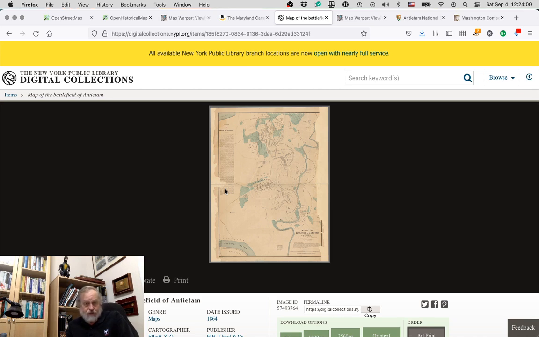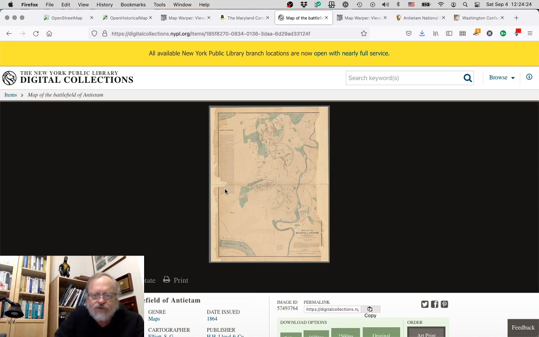That Gettysburg map had been known for quite some time. What was only recently discovered in the New York Public Library collection was that Elliott had done a comparable map of the Battle of Antietam.